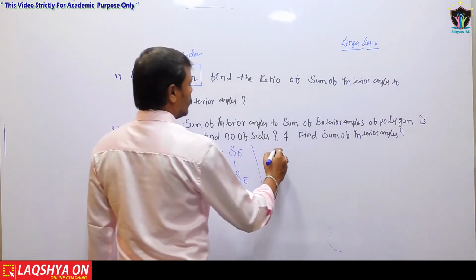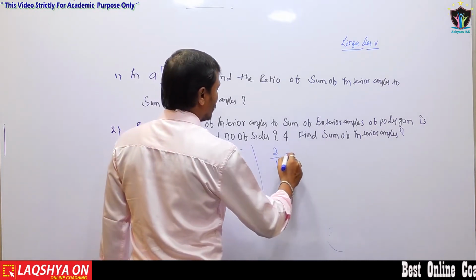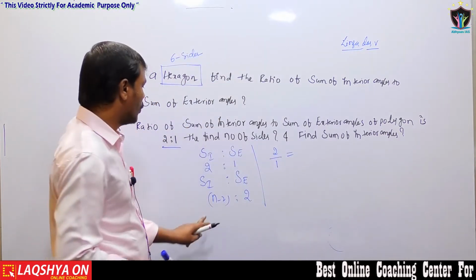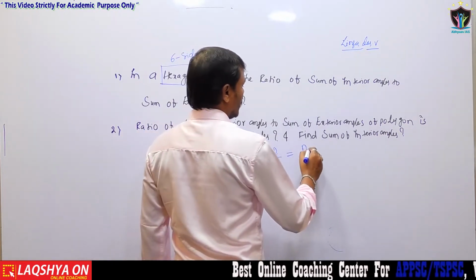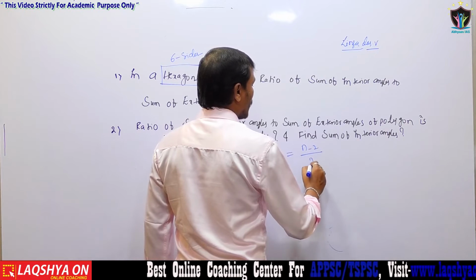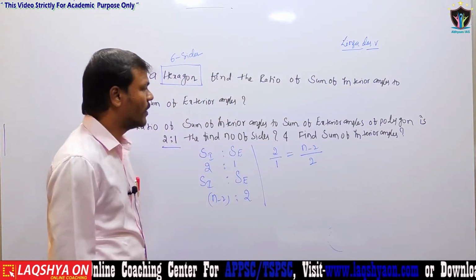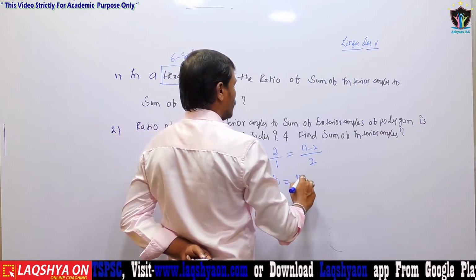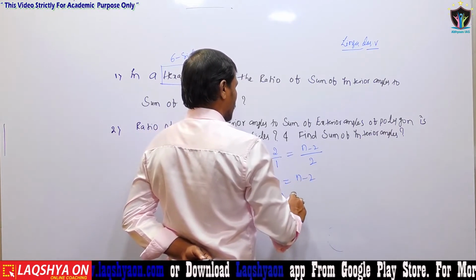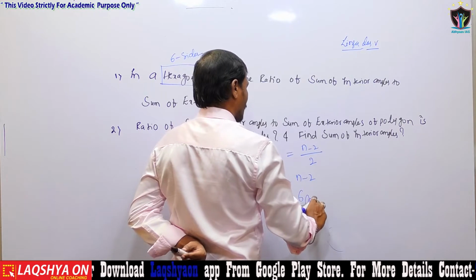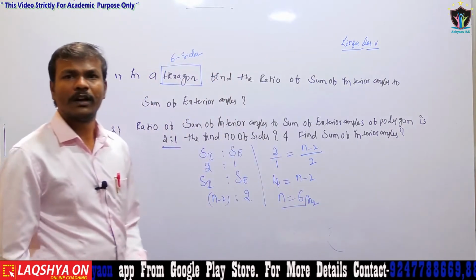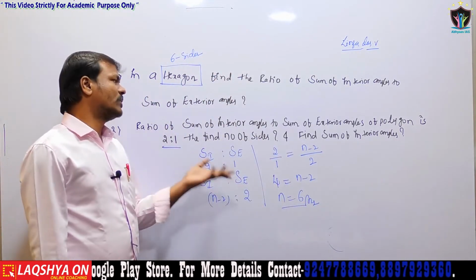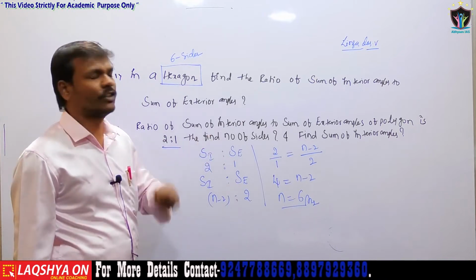So 2 by 1 equals n minus 2 by 2. The 2 comes to the right side, 4 is equal to n minus 2. N is equal to 6. So how many sided polygon? 6-sided polygon, which means it is a hexagon.